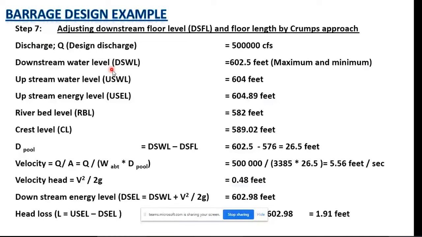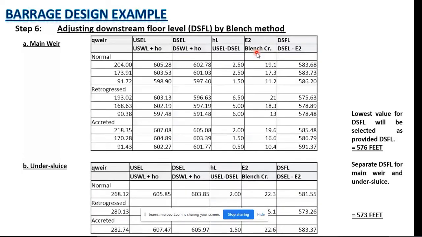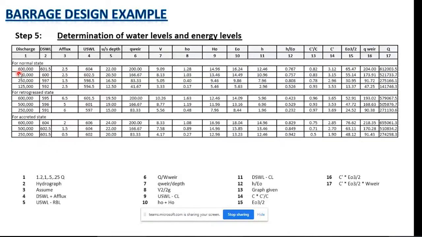Initially it is done for the maximum value of downstream water level, which is for the design discharge of 500,000 cusecs. Please consult this table again. For a discharge of 500,000 cusecs, I have three downstream water levels: 600, 596, and another. Of the three values, the maximum is 602.5.